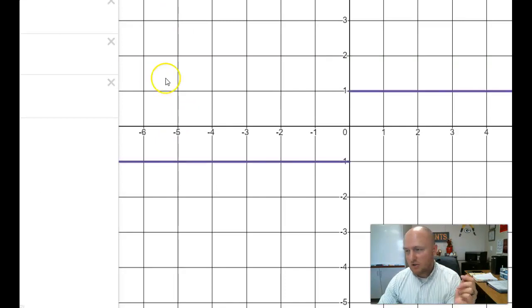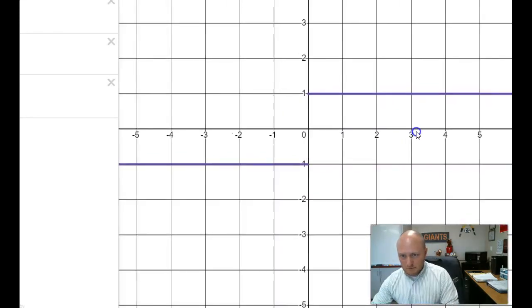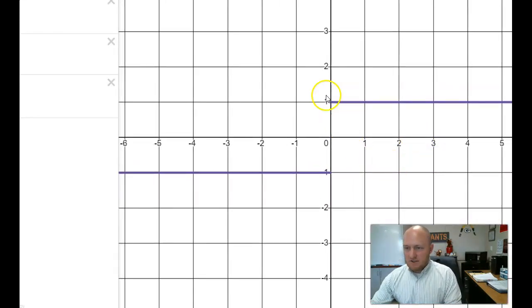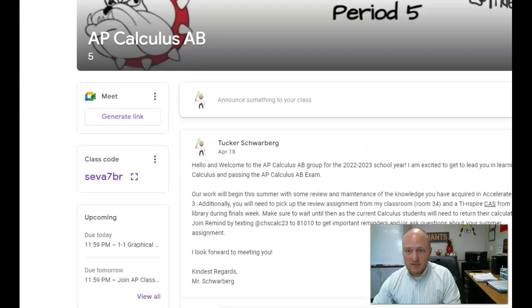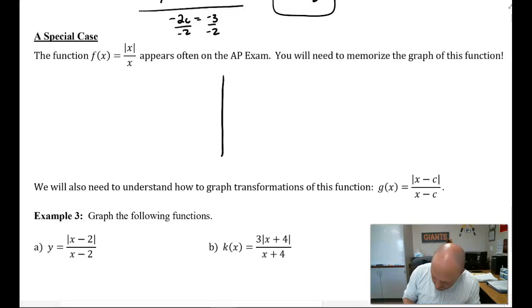Well, I'm going to go ahead and show you here on Desmos. Here is the graph of the function. And you'll notice I have a jump discontinuity at 0. Okay, and everything to the right is 1, everything to the left is negative 1. You need to go ahead and memorize that. So I'm going to go ahead and just draw a quick sketch of a graph.